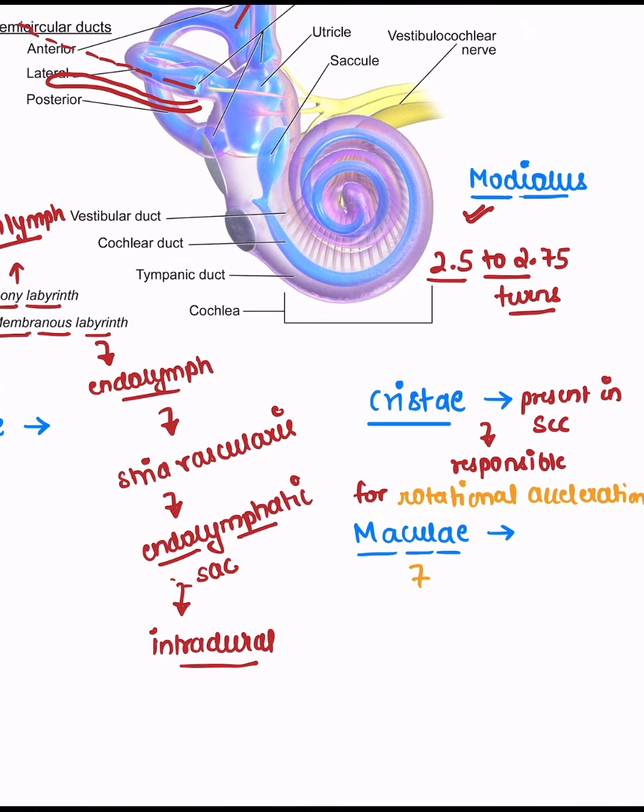The utricle and saccule consist of maculae, which are responsible for linear acceleration.